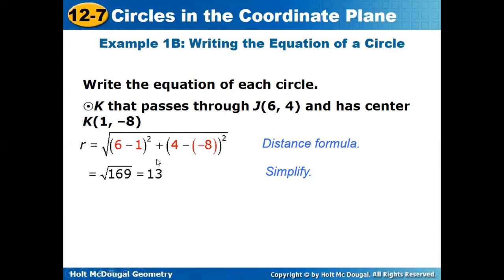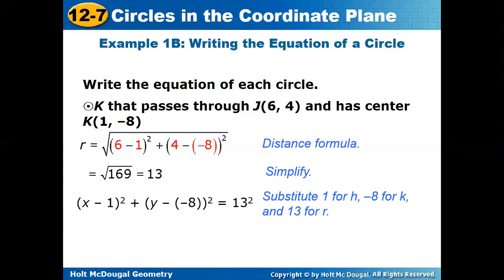Now we have the radius length 13 and the center K, which is (h, k). Write the equation of the circle and substitute 1 for h, negative 8 for k, and 13 for the radius. It will be like this.